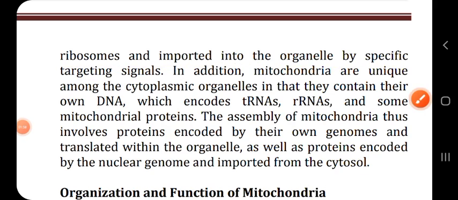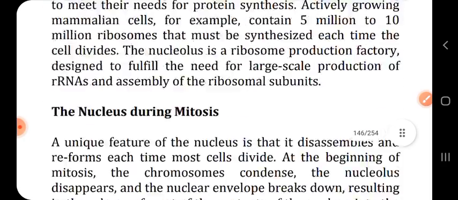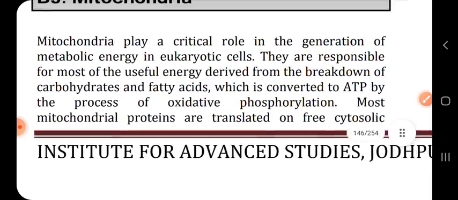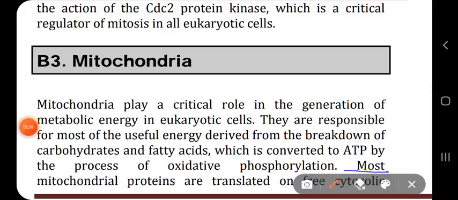So what does it mean? It means that most of the mitochondrial proteins are translated. Translation is the process where the mRNA is used as a template for protein synthesis.